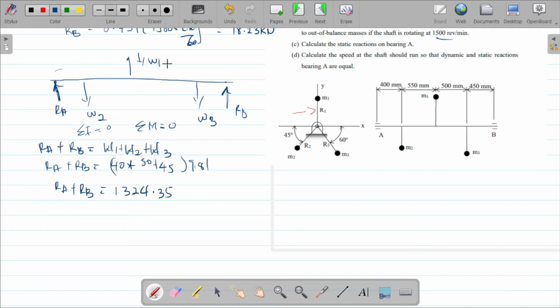From here to here, from the diagram, is 0.4. So weight 2 would be clockwise, so negative: minus weight 2 times 0.4 minus weight 1 times 0.95 minus weight 3 times 1.45 plus RB times 1.9 should be equal to 0.